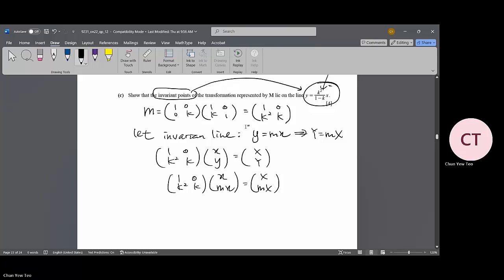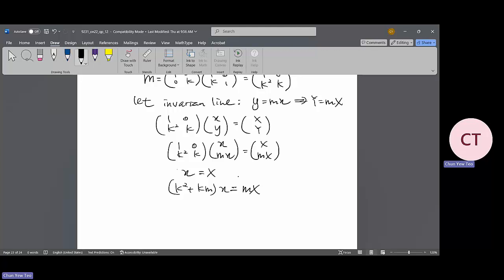Okay. So over here, you just get this. This is the x equal to x. This is the k square plus the km is equals to the mx.